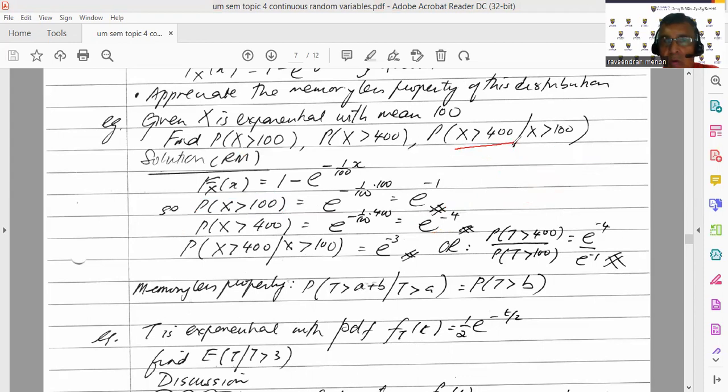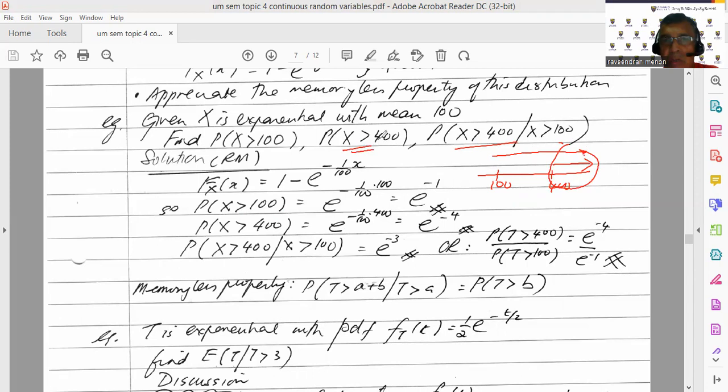So we've settled the first two probabilities. Now you're asked to work out a conditional probability: x bigger than 400, given that x is bigger than 100. The intersection will just be x bigger than 400.